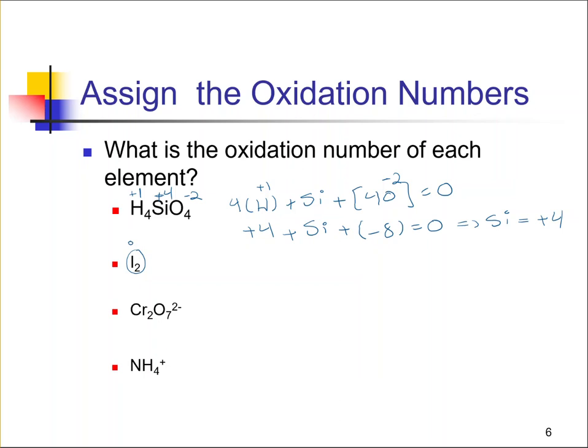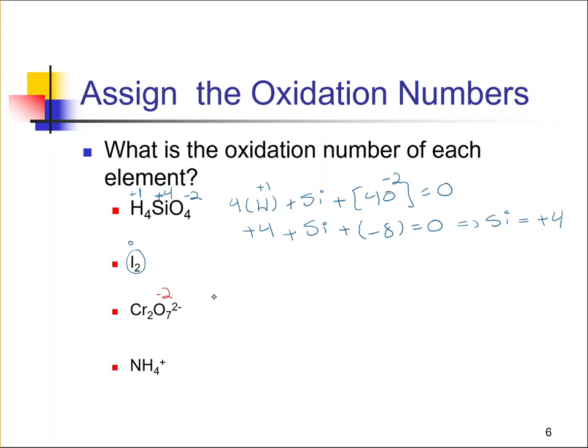Now moving on to Cr2O7 2-. For chromium, we don't have a specific rule. However, for oxygen, we know that the oxidation number of oxygen is negative 2. Now how do I find the oxidation number of chromium? This is a charged species, and the rule is that the sum of the oxidation numbers of each element should equal the charge of this polyatomic ion.